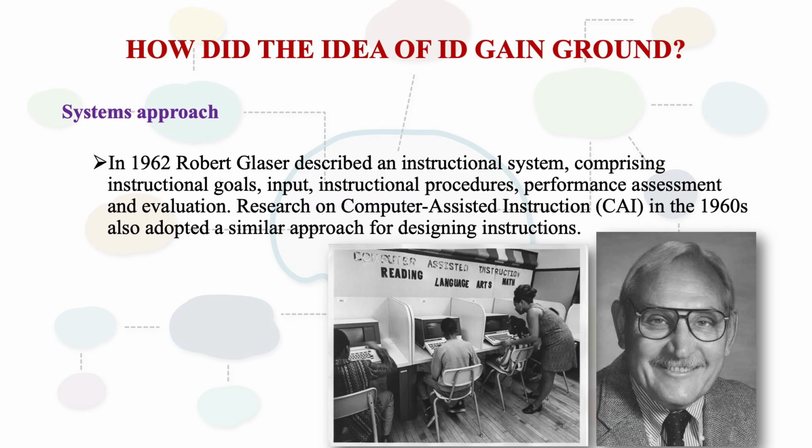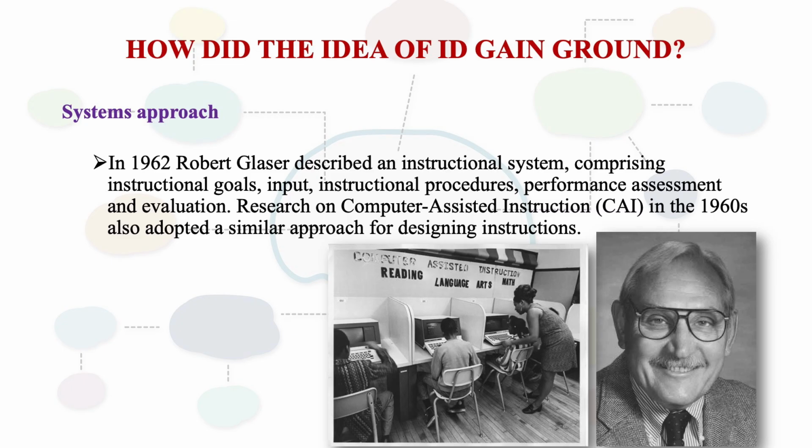I said at the outset that our discussion would be organized along a timeline. We have covered till the 50s. In 1962, Robert Glaser described an instructional system. He said that it comprises instructional goals, inputs, instructional procedures, performance assessment, and evaluation.